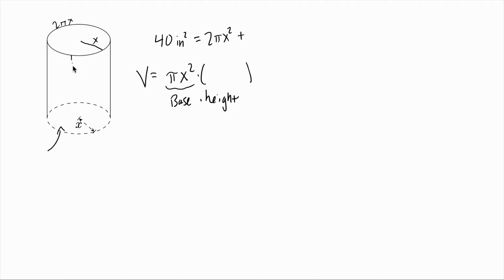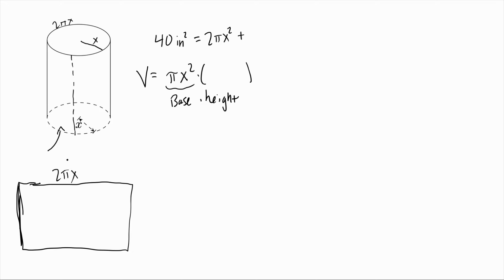And then if you cut right down, you cut it and unravel it, then you can look at it a little better. So that would be 2 pi x right there, and then you have your height.